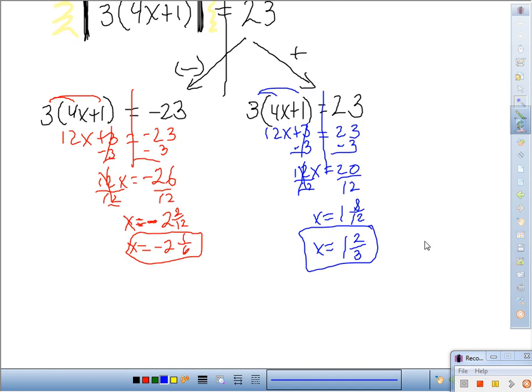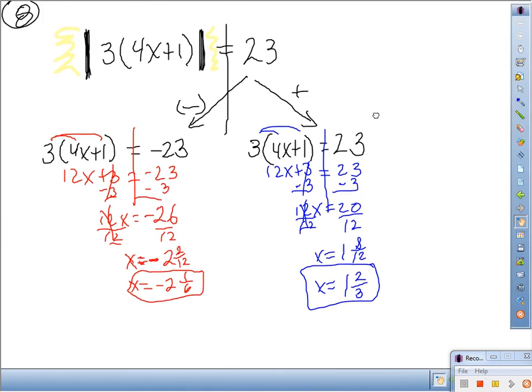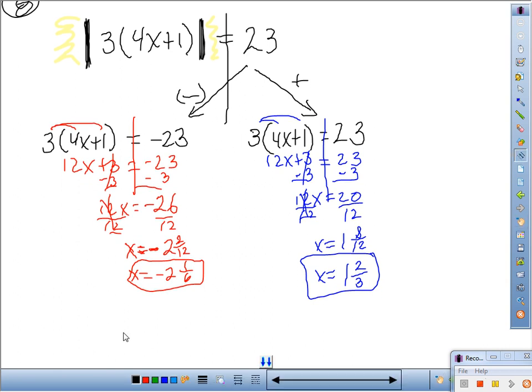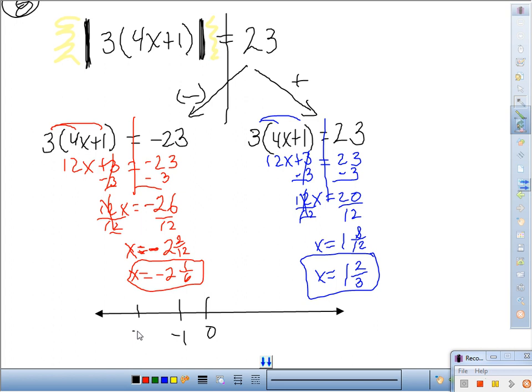Am I done? No, we need to plot. 0. We got -1, -2, and then we got 1, 2. So let's see. -2 and 1/6 is about right there. And 1 and 2/3 is about right there.